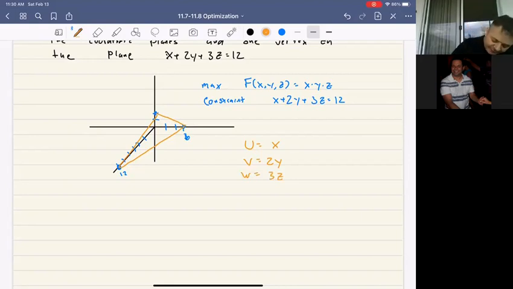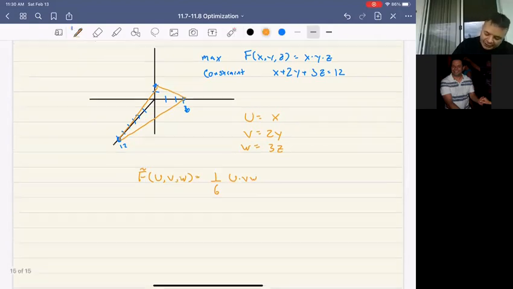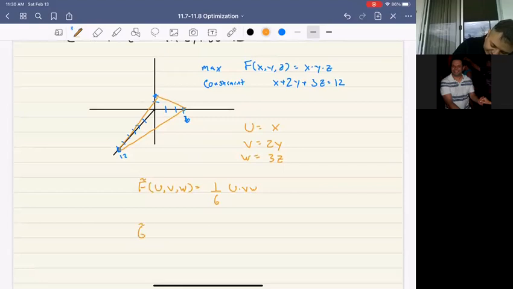Okay, so our f tilde of u, v, w is going to be what? X is, so this is going to be 1/6 u times v times w, still symmetric in u, v, and w. And our constraint is u plus v plus w equals 12.